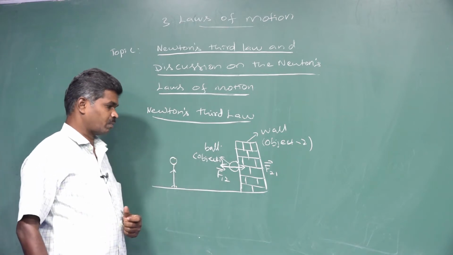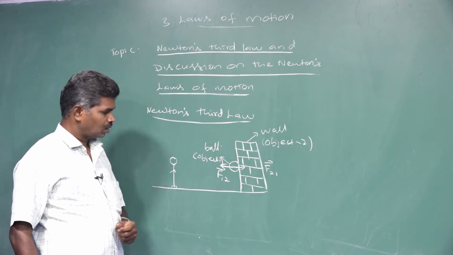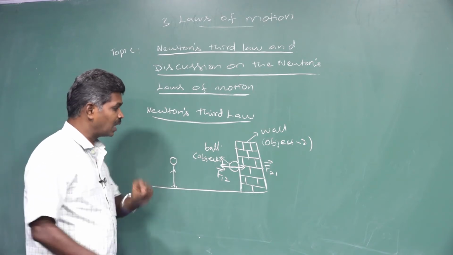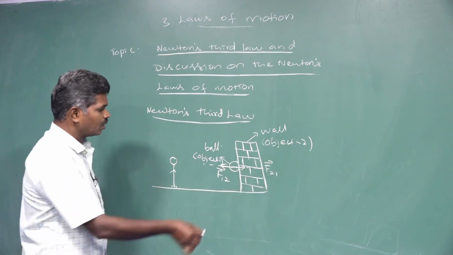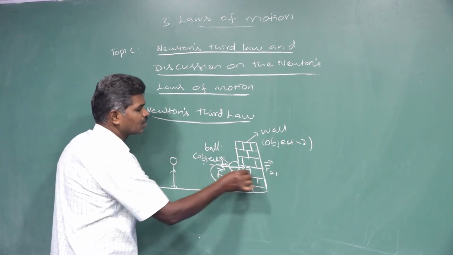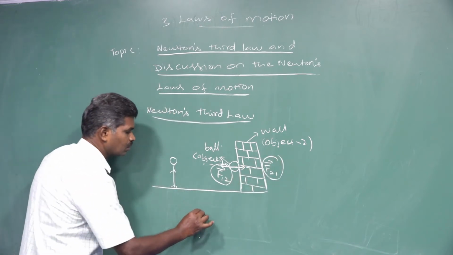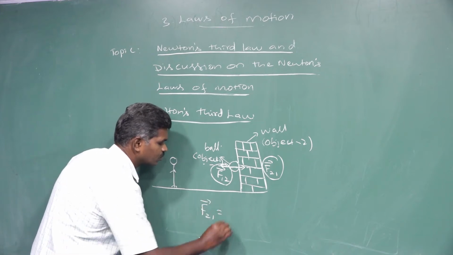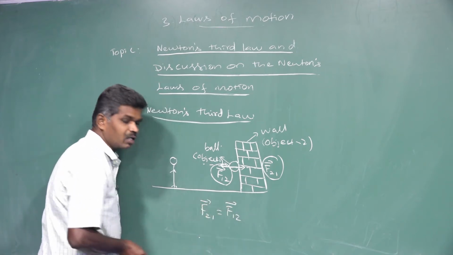The two are equal and in opposite directions. And another concept, they are in the same line of action. The line of action is the same. So these two forces can be related by this expression, F21 vector equal to F12 vector, but the two are in opposite directions.